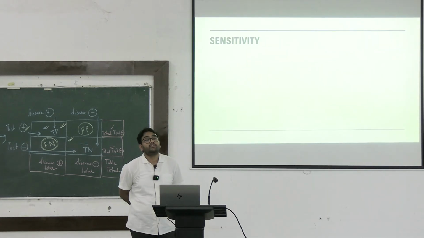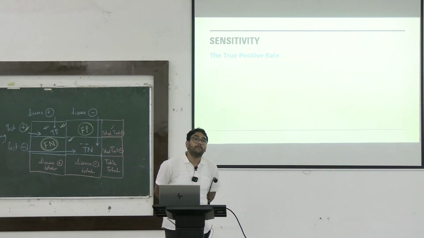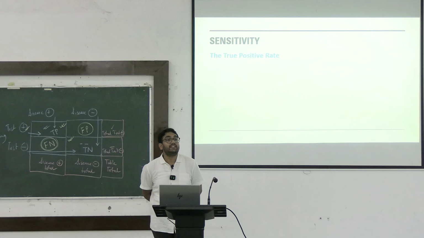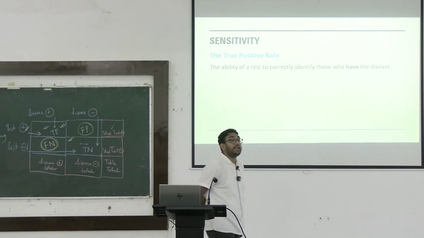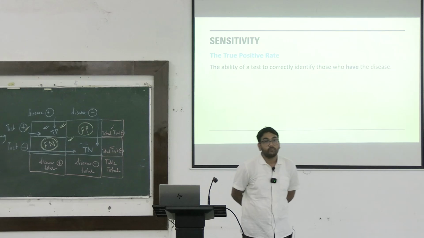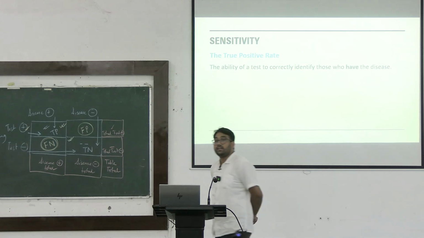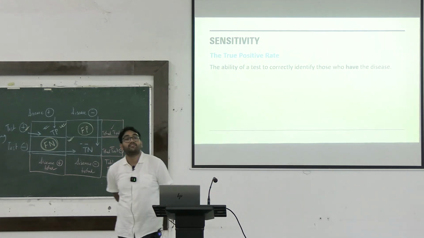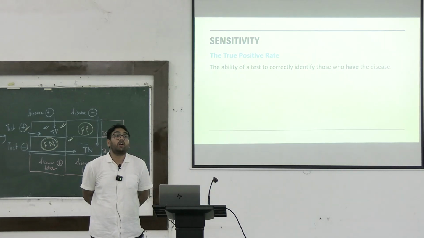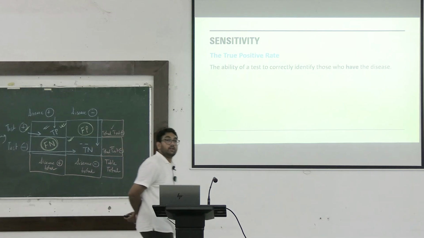So moving on, the first parameter that we need to study is known as sensitivity. What is sensitivity? Sensitivity is the ability of a test to detect those who have the disease. Now tell me, what will be the numerator then?